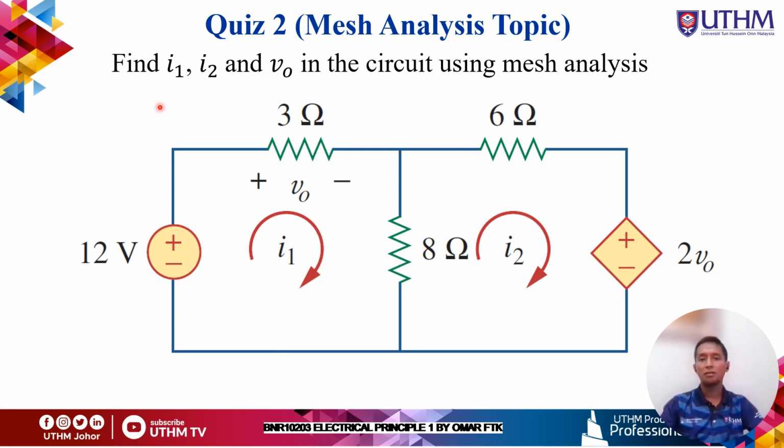So you need to find the I1, I2, and VO in the circuit using mesh analysis. Okay, then write the answer on the paper, and then you can scan or snap a picture, and then you have to upload it into the portal.